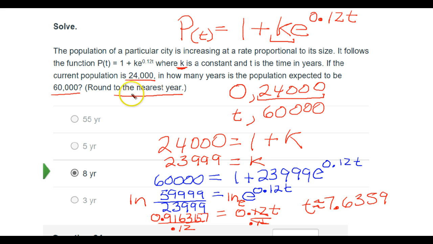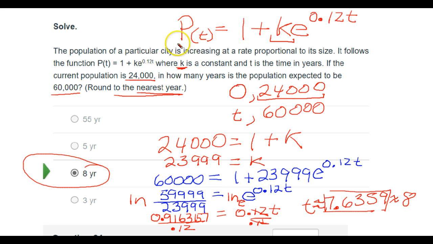And they ask us to round to the nearest year, which will be 8 years, and that's our answer. Now, this would be the work needed to support how you got this answer.